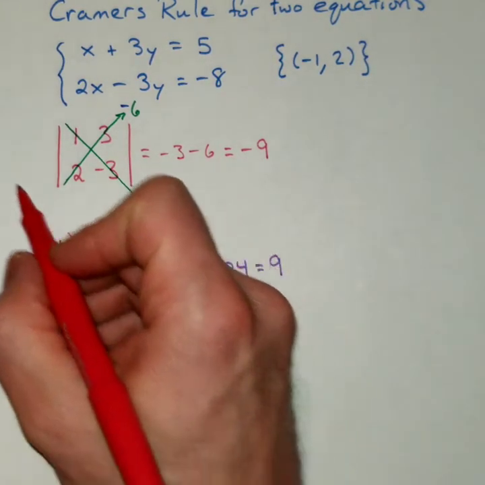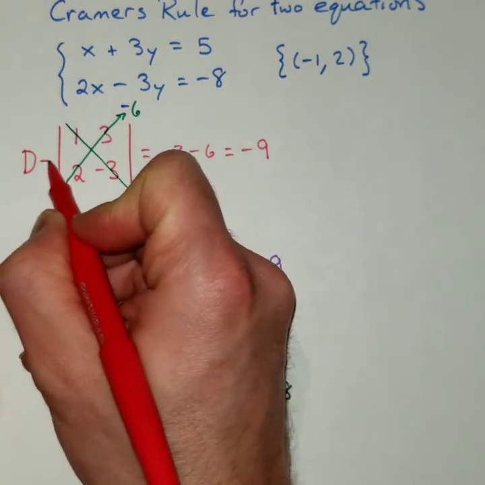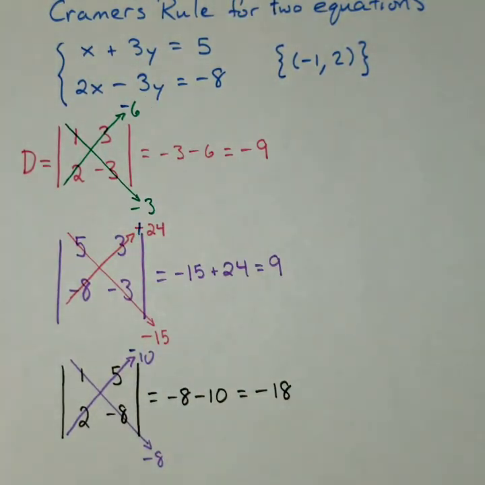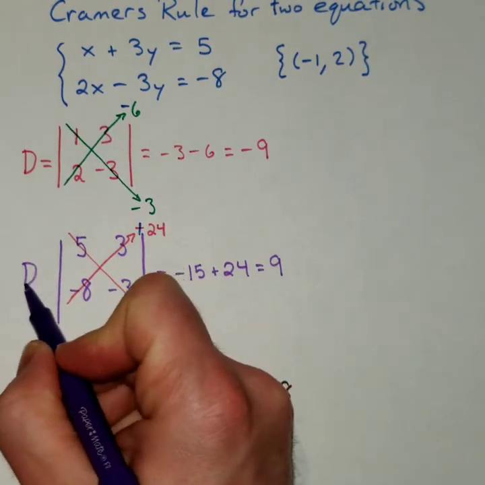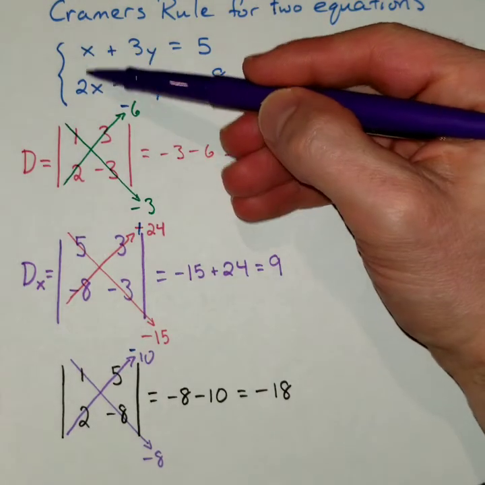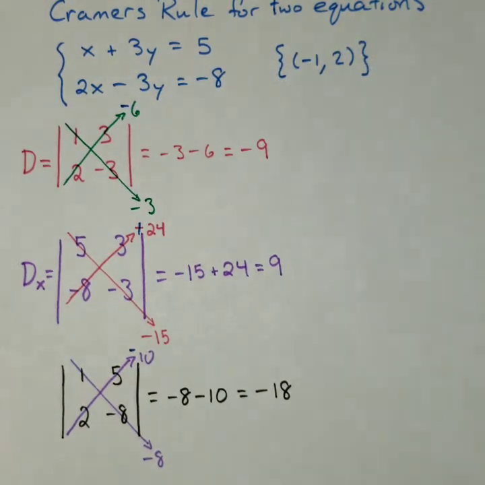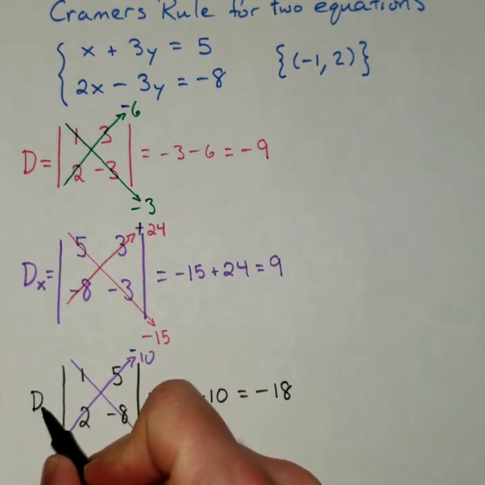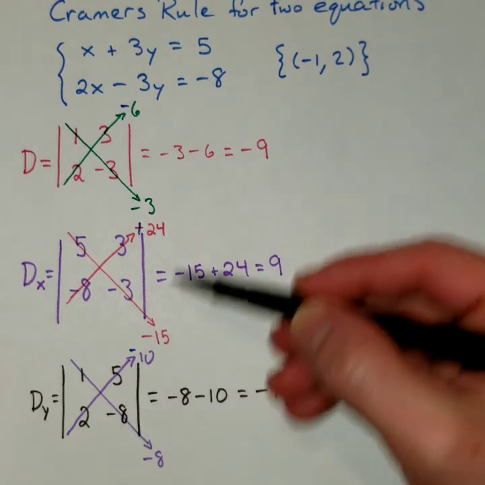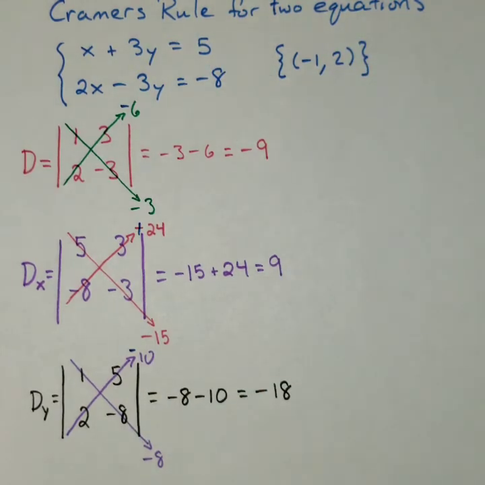The first one was the matrix D. It's just all of the 4 coefficients. The second one we call D sub x. It's where we replace the x coefficients with the constants. And the third one, you probably guessed it, is D sub y. It's where we replace the y column with the constants.